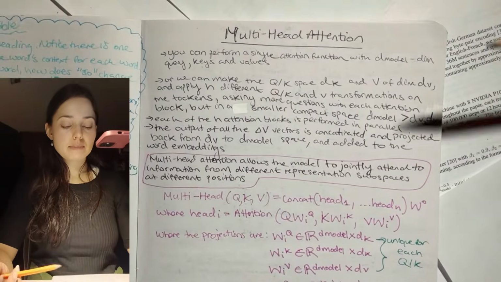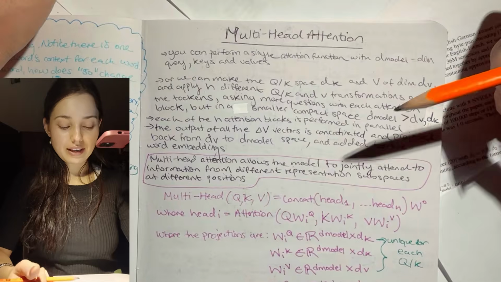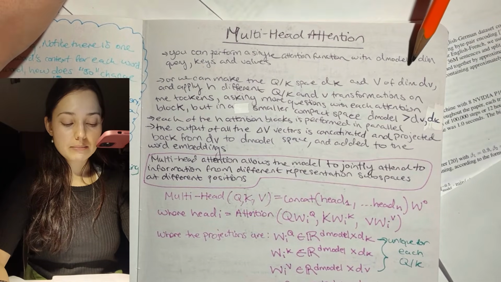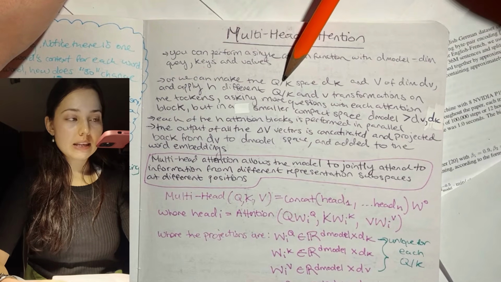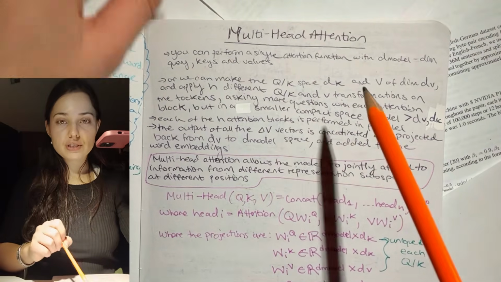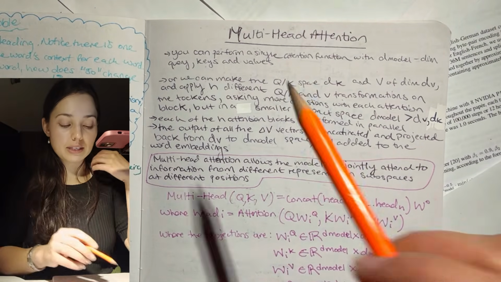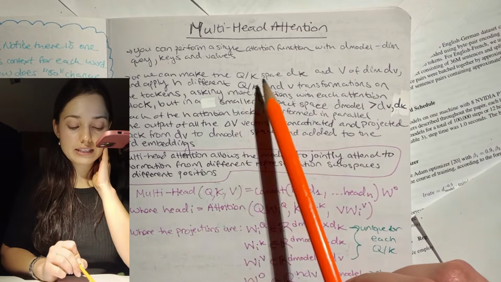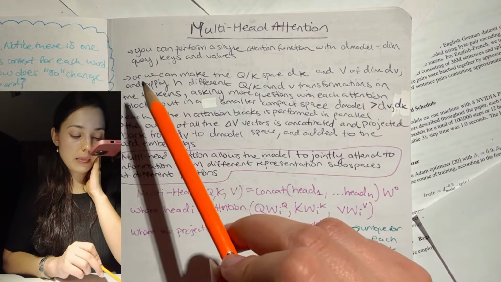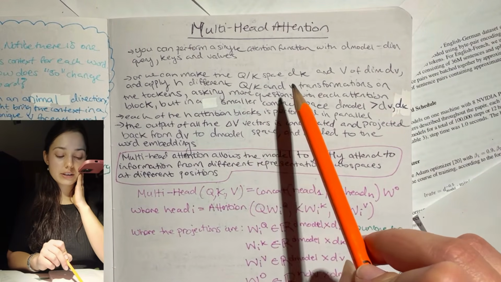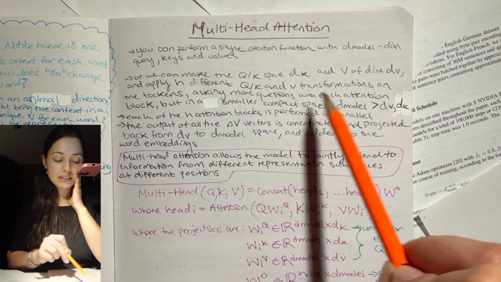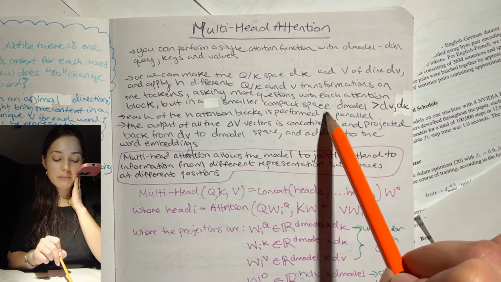Okay. And lastly, multi-head attention in my notes. Finally, we get here. We can perform a single attention function with D model dimensions, or we can make the query key space of DK dimensions and the V space of DV dimensions, and apply each different key, query and V transformation on the tokens, asking more questions about each attention block, but in a smaller, more compact space.